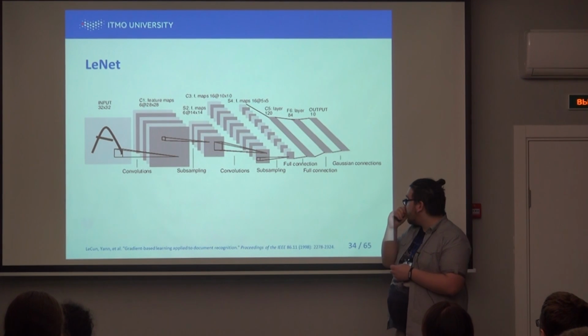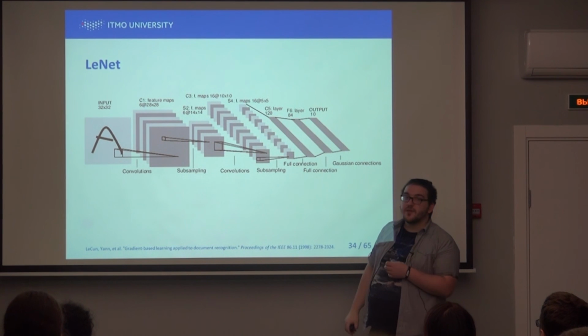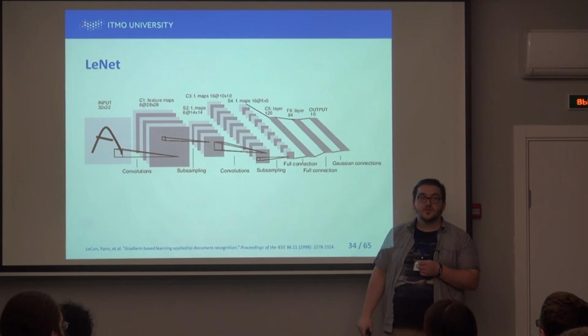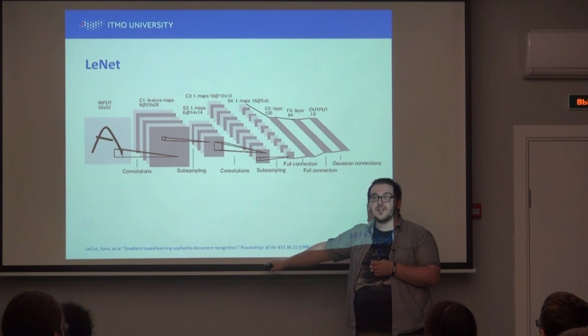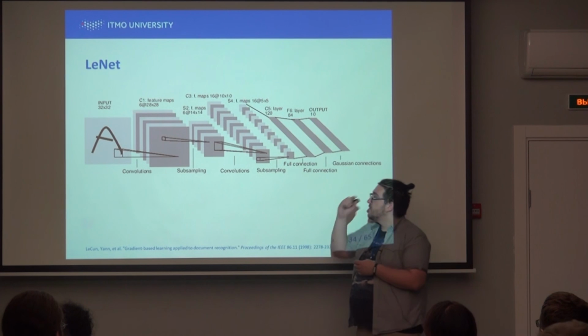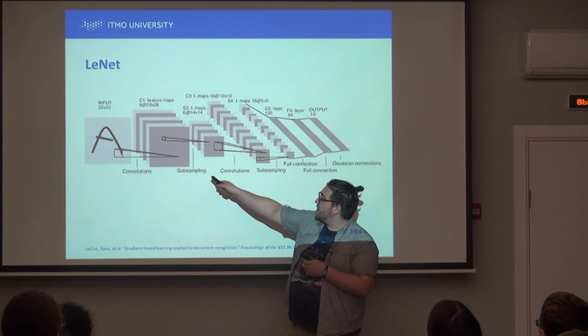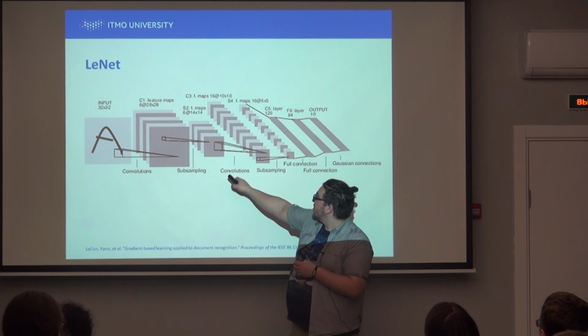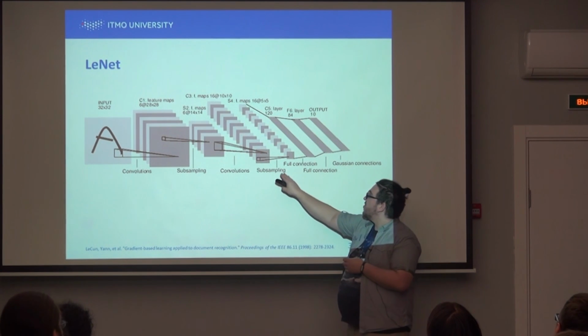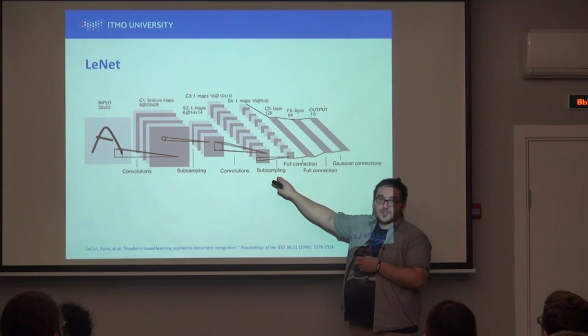So the first network, which can be called a convolutional network, was suggested by Yann LeCun in 1998. It was quite simple. First it convolves images, then subsamples. So there are convolving and subsampling layers.